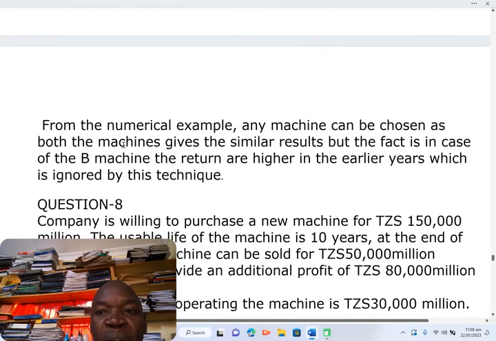So numerically, it's not possible to say which machine is better than the other because they are similar. From the numerical example, any machine can be chosen as both give similar results.